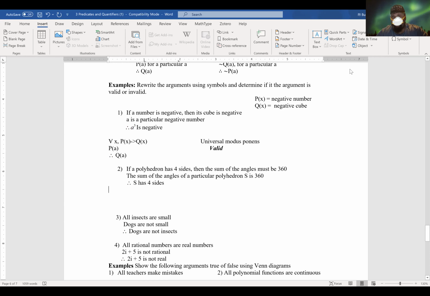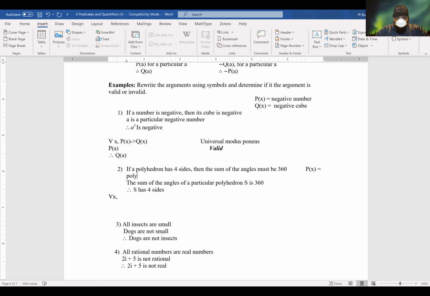first off, we need for all. So for all x, that is some shape, then P of x is going to be a polyhedron.